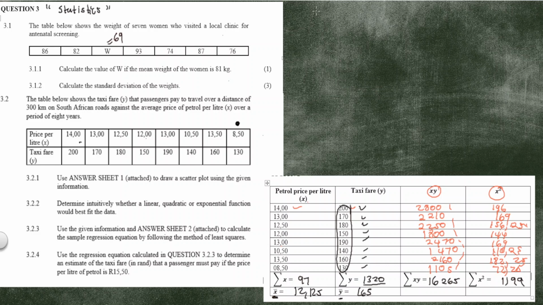The equation is presented as y equal to a plus bx. So our job is to calculate a value a as well as a value b. So how do we calculate a value a and a value b? We start off by calculating a value b.